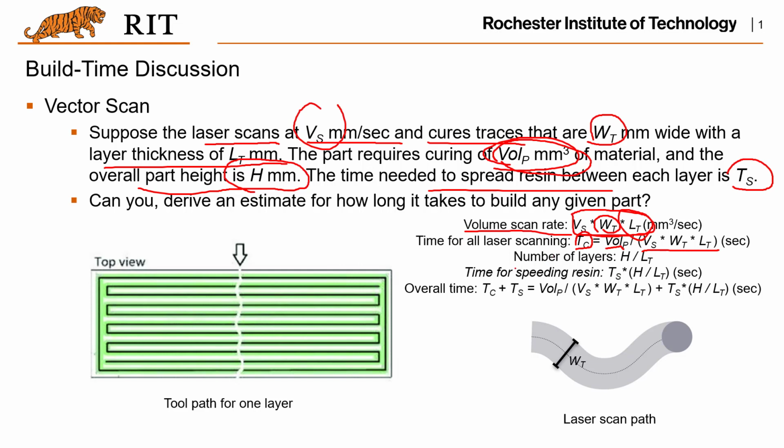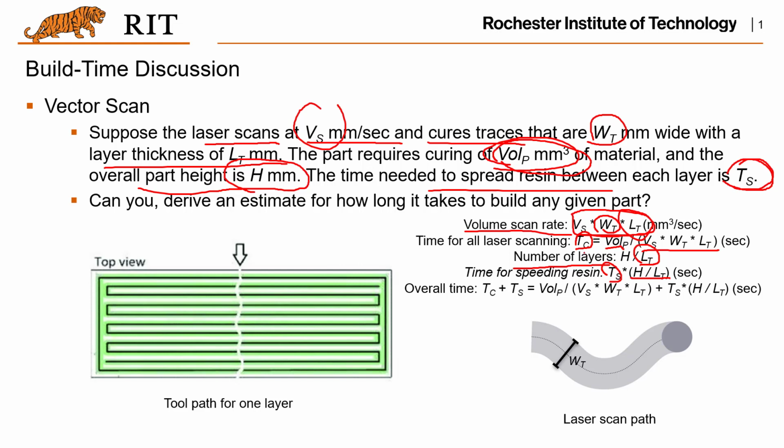And then we could compute the number of layers by dividing the overall height by the layer thickness. Then we have the number of layers. And we also know for each layer, it takes TS for spreading the resin. Then we could multiply this TS by the total layer number.